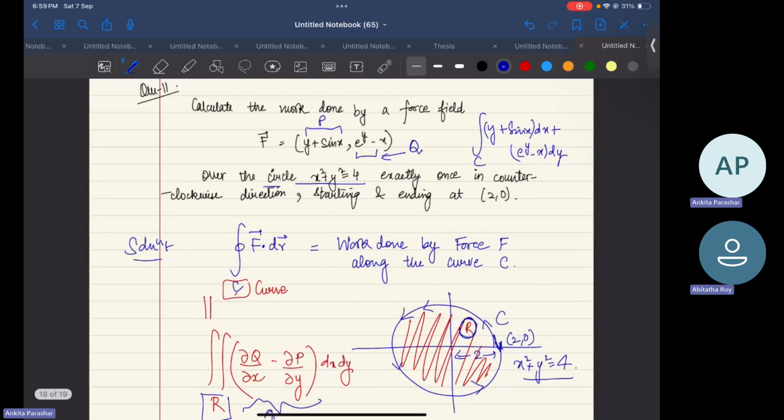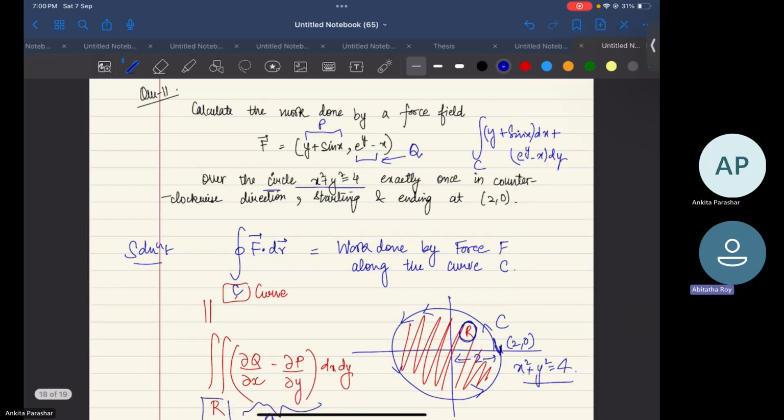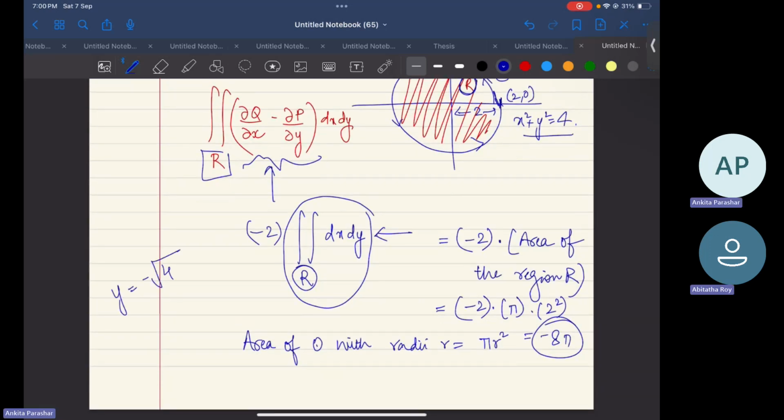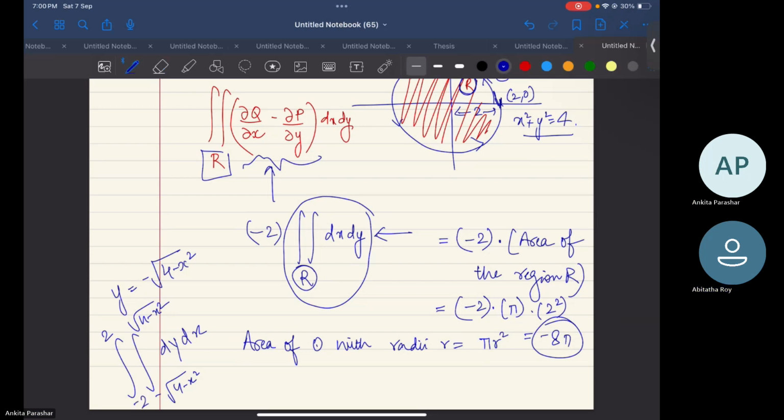I don't think that kind of argument can help us. If we had to manually do the integral, then y would have been from minus root of 4 minus x squared to root of 4 minus x squared, and x would be from minus 2 to 2, and this is your dy dx.